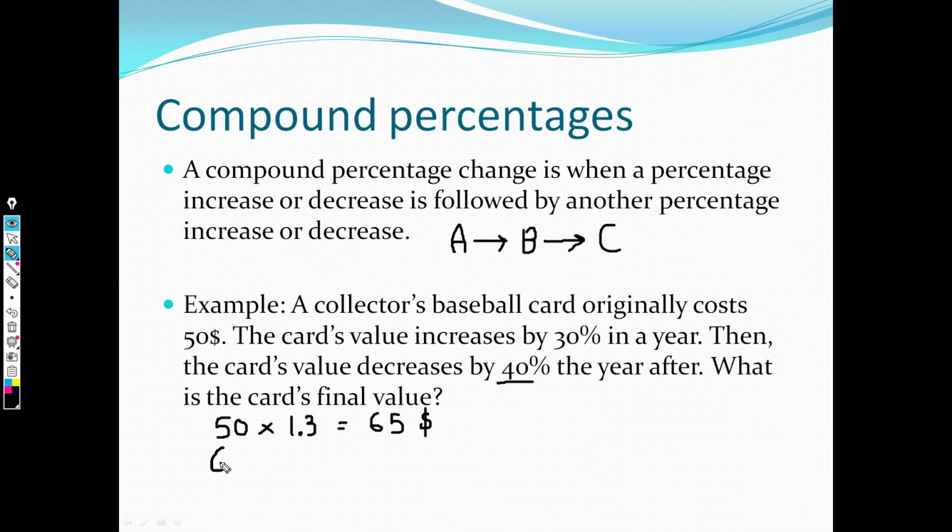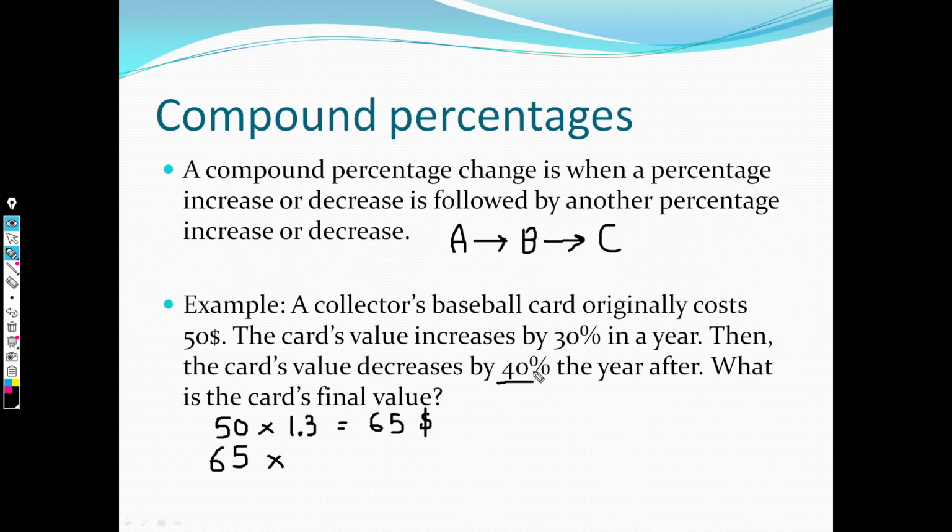Okay, so I'm going to say 65 times, now this is decreasing by 40% the year after. What is the card's final value? Okay, well, if it's decreasing by 40%, that means that what I originally considered to be 100%, which is 65, has now gone down by 40%.